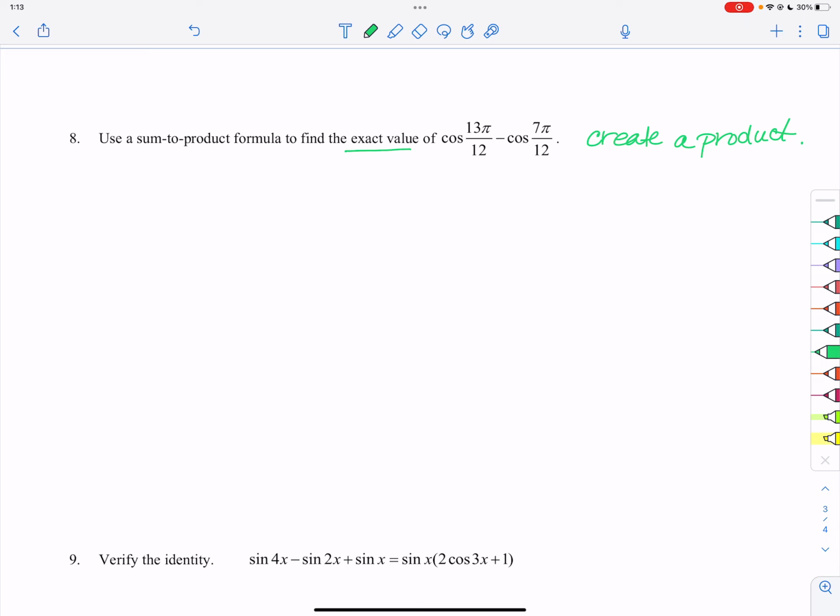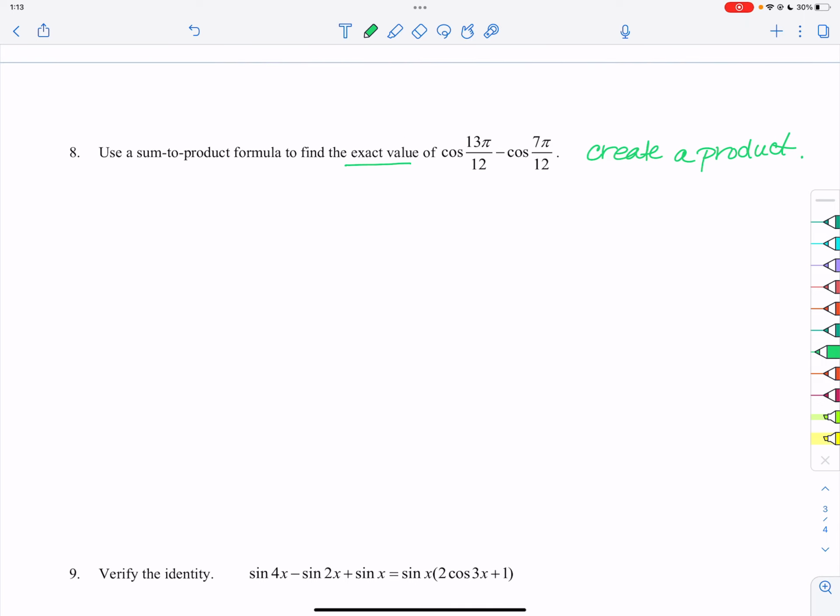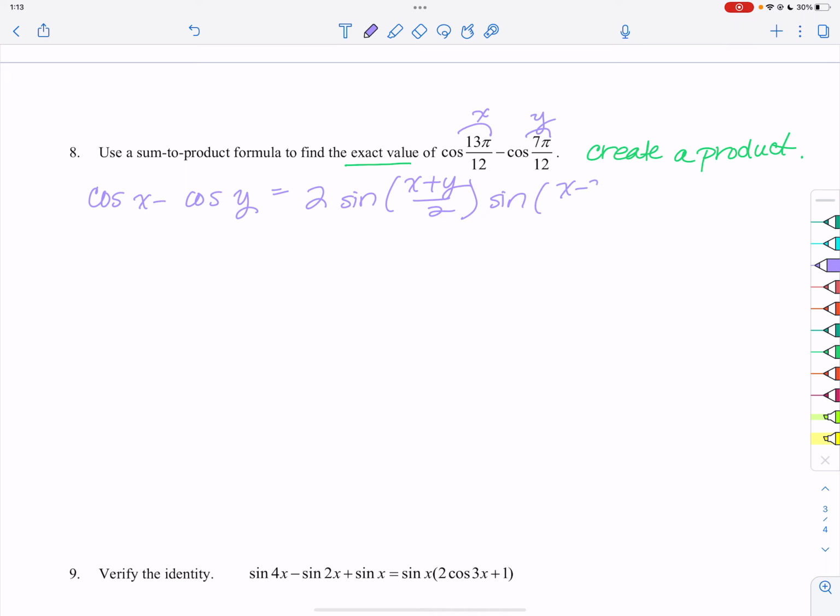Okay, so now what we can do is we could say that x is equal to 13 pi over 12 and y is 7 pi over 12. And we know that the cosine of x minus the cosine of y is equal to 2 sine of (x plus y) over 2 times sine of (x minus y) over 2.